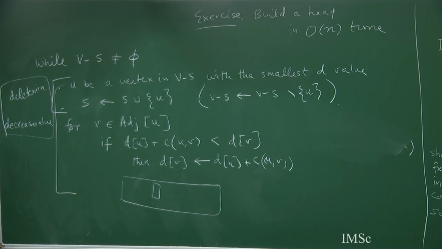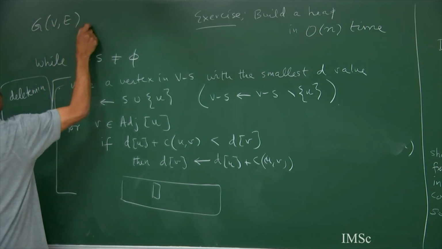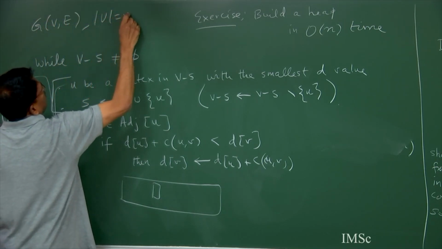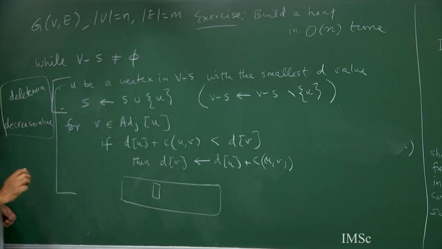Now, how many delete min operations are you doing for Dijkstra's algorithm? Let us say my graph is this. There are n vertices and m edges, how many delete min operations do you do? Yeah, including s.